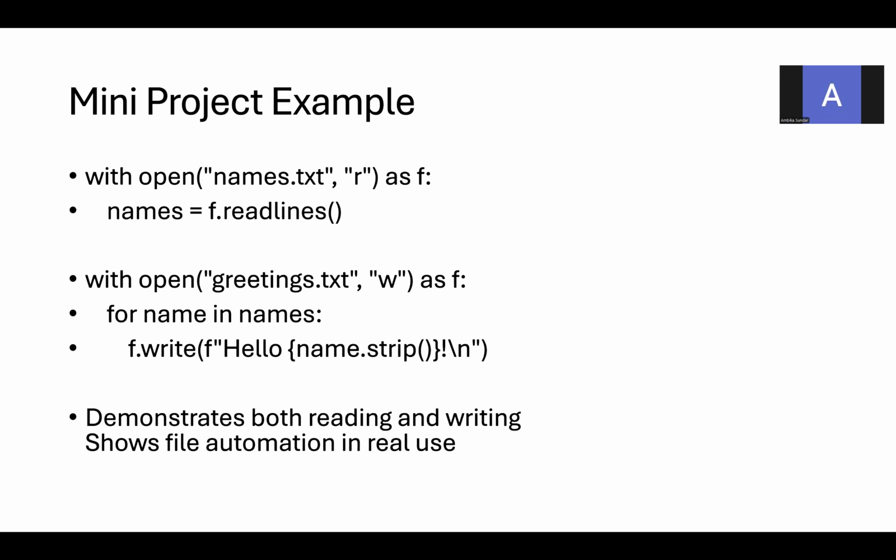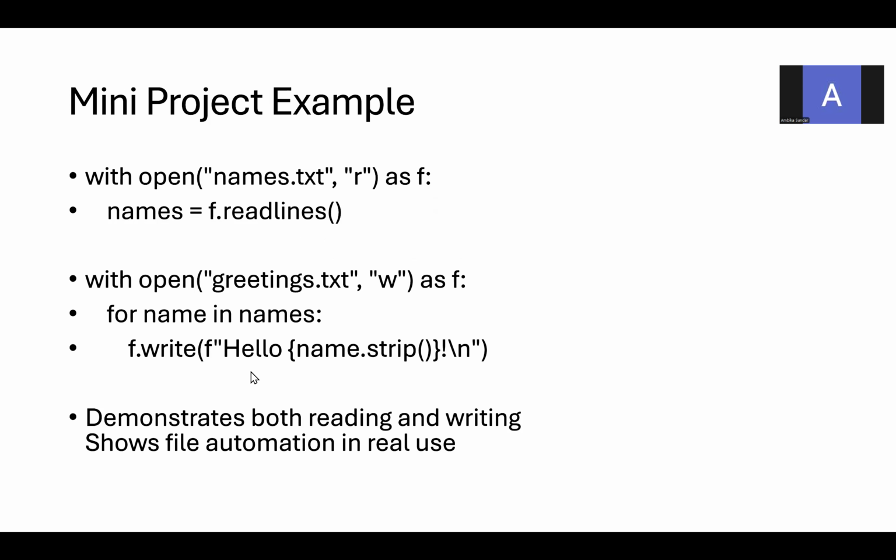So whatever the content in this names, I am going to access one by one, and using this f.write hello name.strip(). The strip is going to remove the blank spaces in the left and right side. With a new line character, it is going to print each name with the hello keyword, hello statement in the new file.